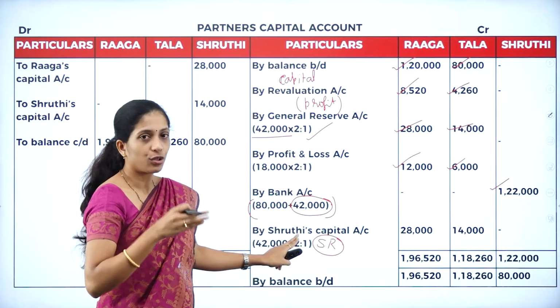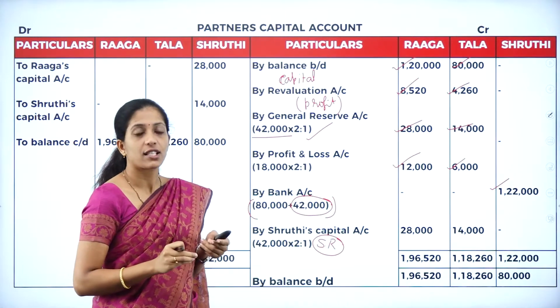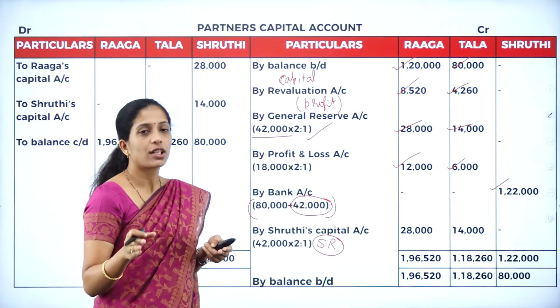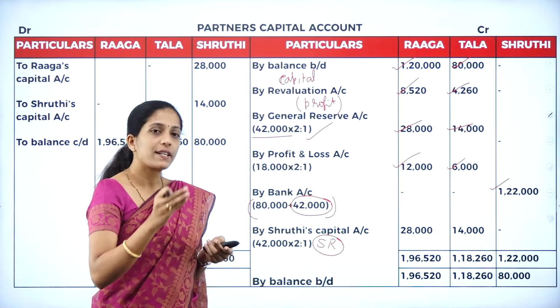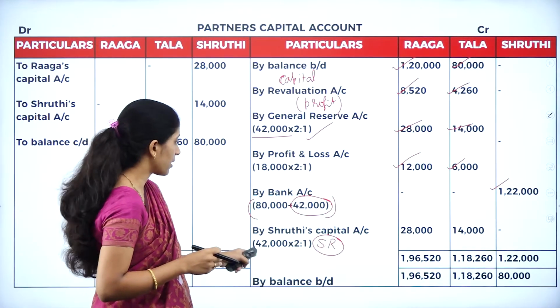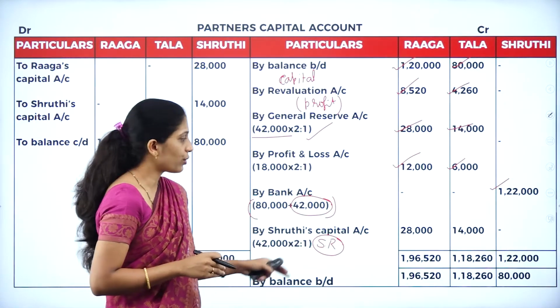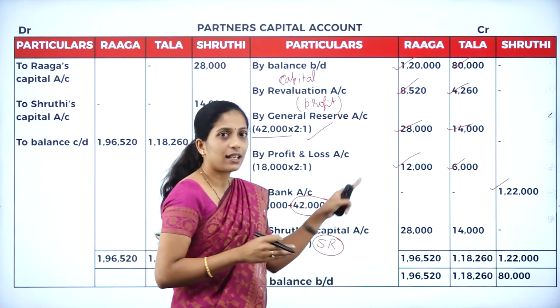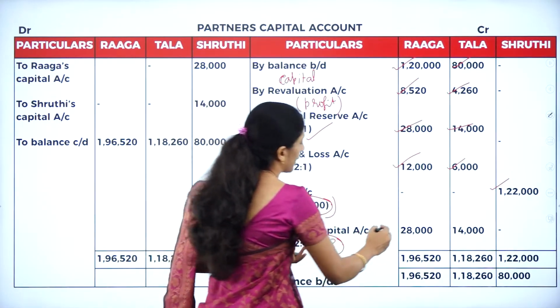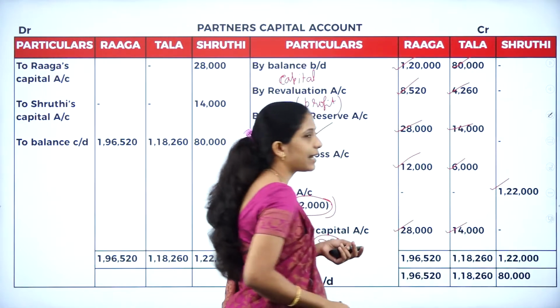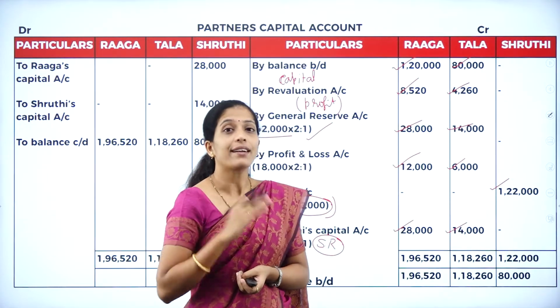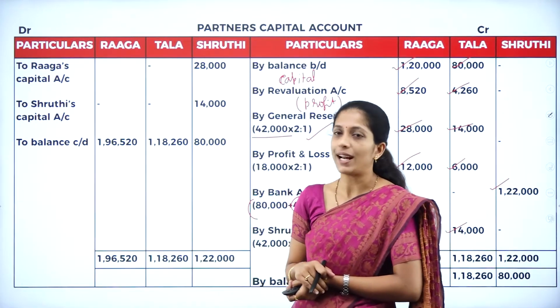So, normally the goodwill has to be distributed in sacrifice ratio. Since we don't have sufficient information, the old ratio itself is considered as sacrifice ratio. So, 42,000 into 2:1. Write the amount in the old partners' column. So, Raga will get 28,000, Tala will get 14,000 if you distribute that 42,000 in 2:1 ratio.